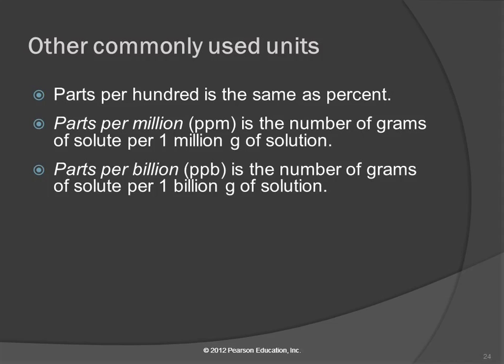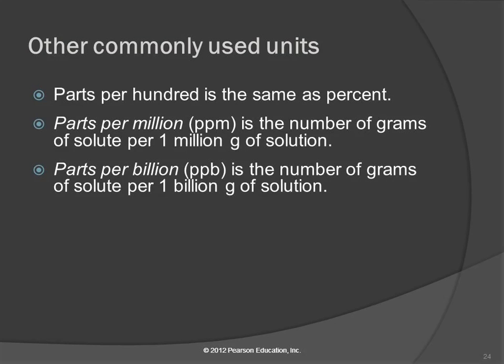That is the number of grams per million grams of solution. Same idea, but this is good for measuring a much smaller concentration. You can also have parts per billion, which is the number of grams of solute per 1 billion grams of solution.